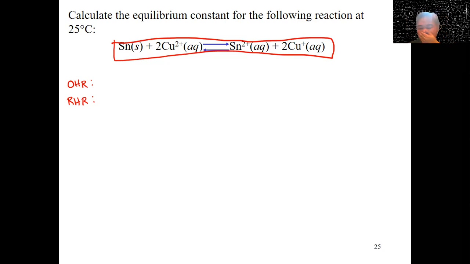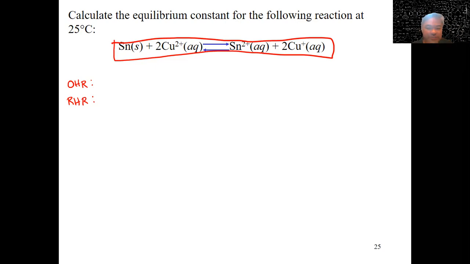So you can ignore the reduction potential of each of these species, because the given reaction takes precedence compared to the value of your reduction potential. Because the one that we learned before, the one that has a higher reduction potential, that's the one that's always reduced. And the one that has a lower reduction potential, that's the one that's always oxidized. But that's only true if you have a voltaic cell or galvanic cell. And remember, not all electrochemical cells are voltaic cells.